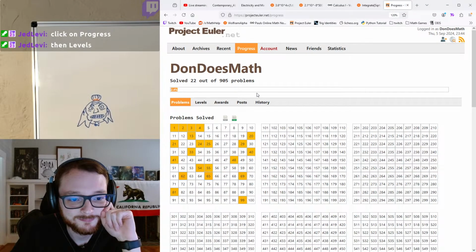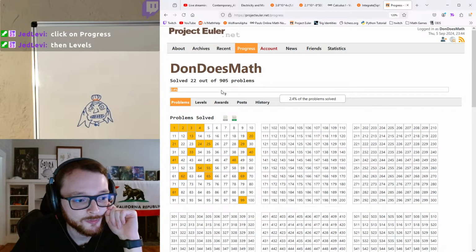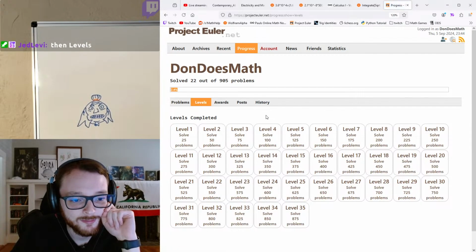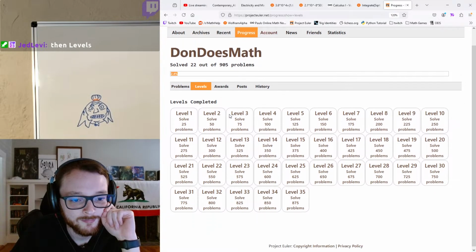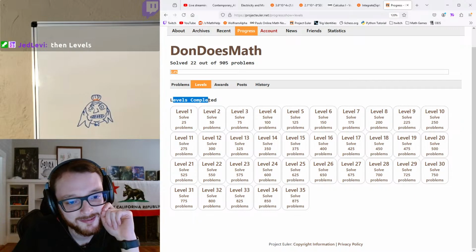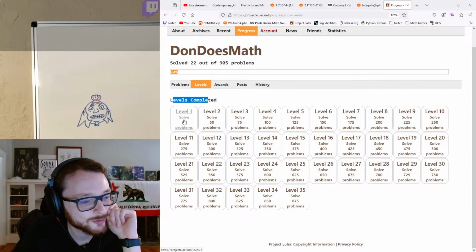Dang. I've solved 2.4% of the problems. Oh. There we go. Wait. Why is it saying levels completed? I assume there'll be a check mark once I actually complete one.